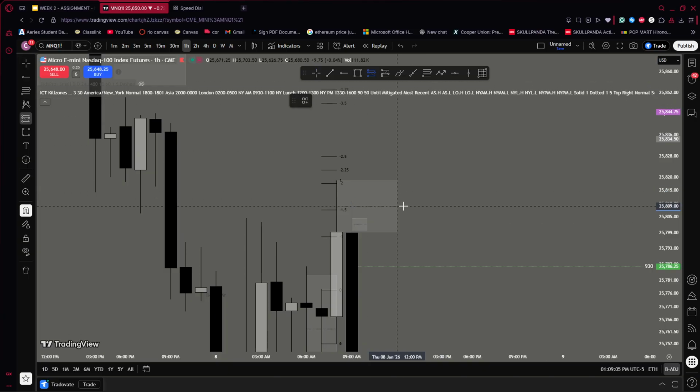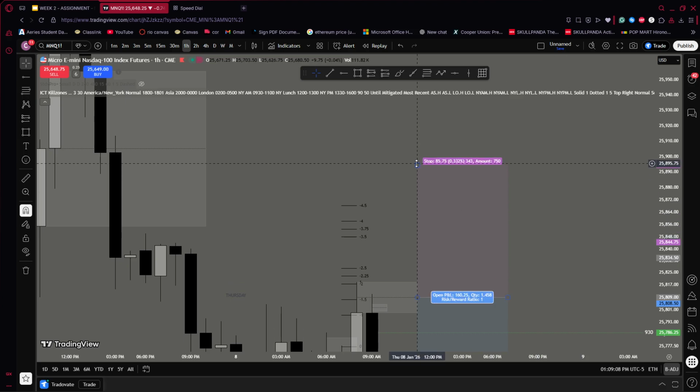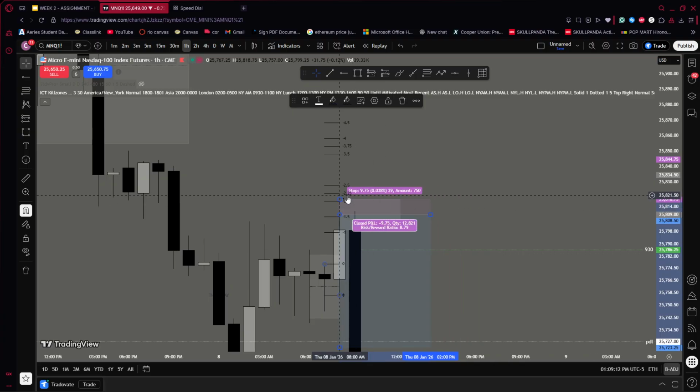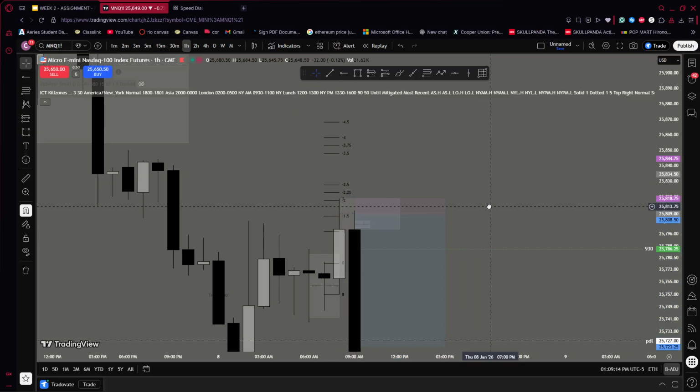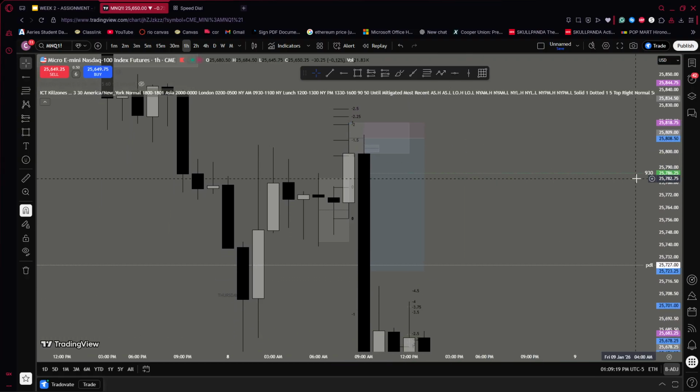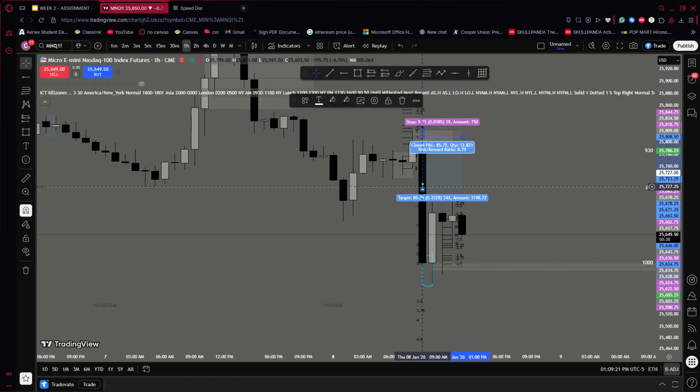So if I woke up earlier and saw this, I would have taken this. Let's see the RR. 10-point stop. You put the stop at the candle top, or bottom if it's the other direction, and then entry at the CE. And then look at this, bro.